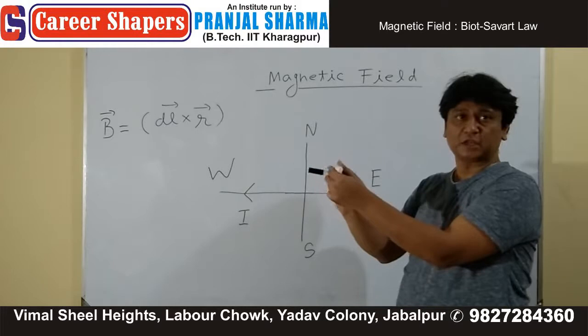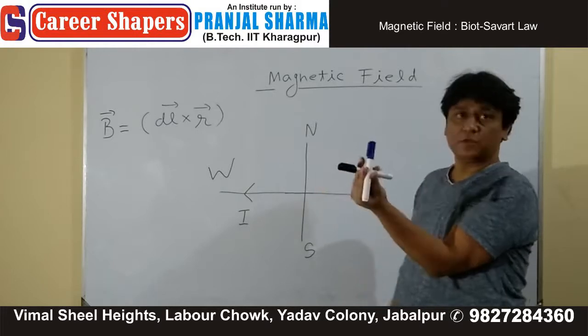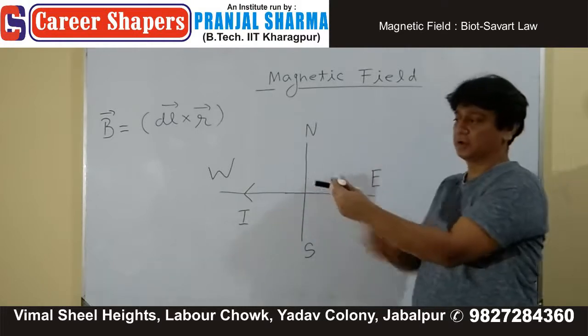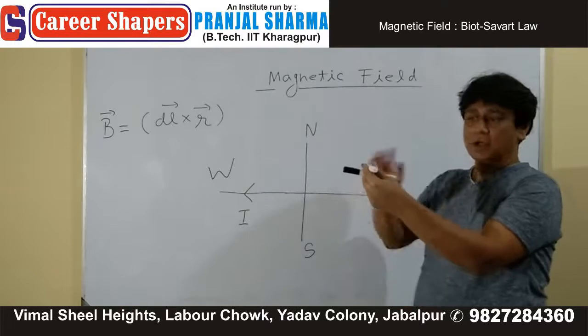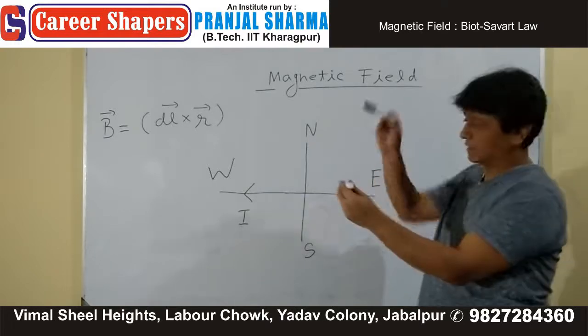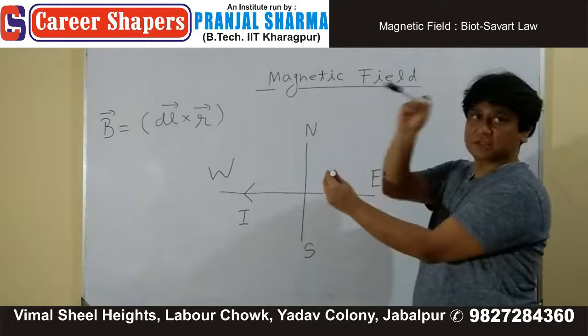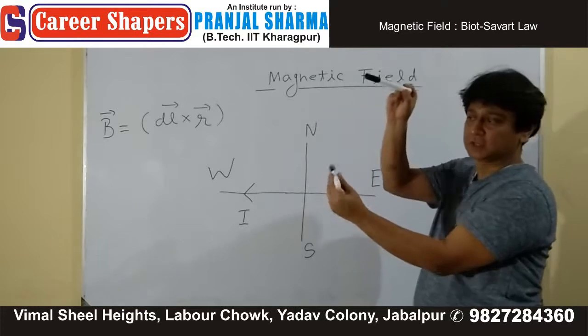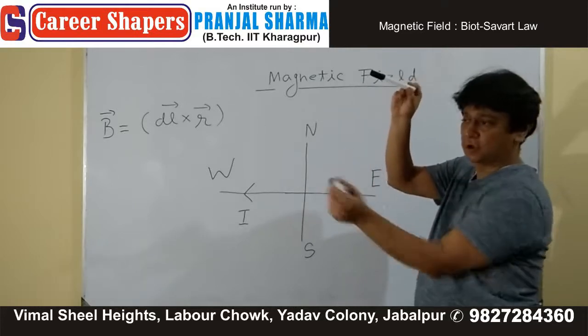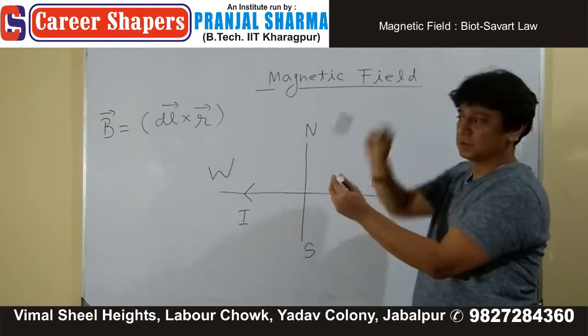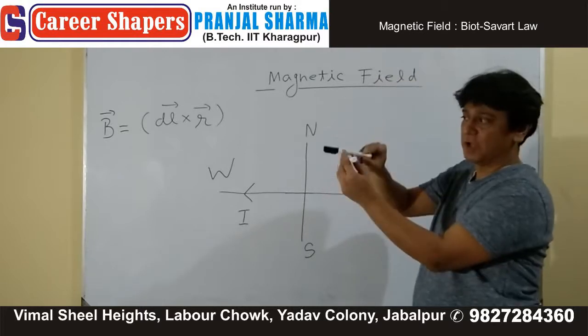This is north and south. This thing is in the horizontal plane. Current is flowing from east to west. It's shown with the help of this. This marker is for north and south. So remember, this is the wire.